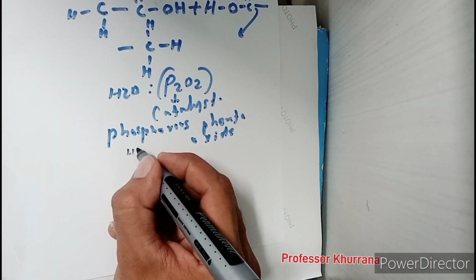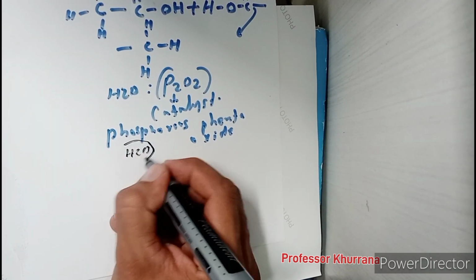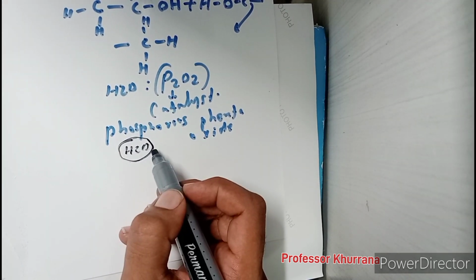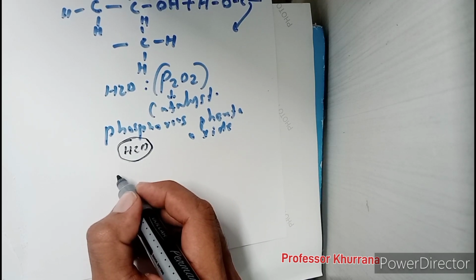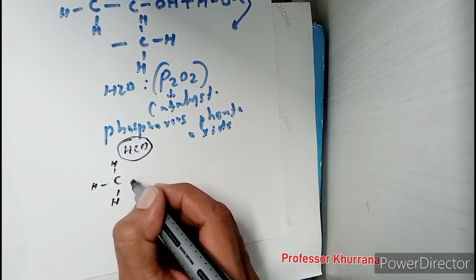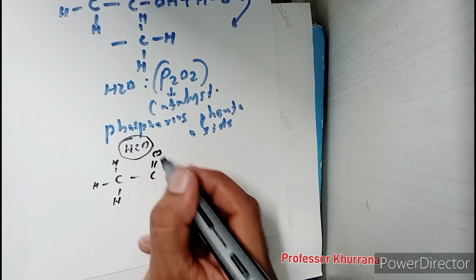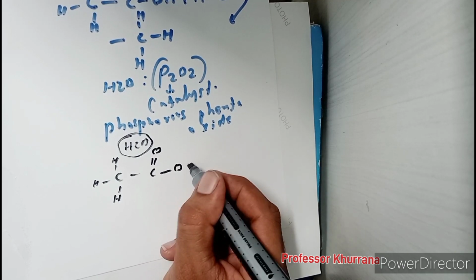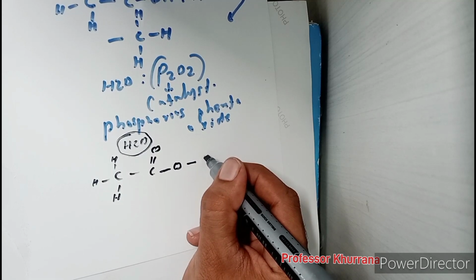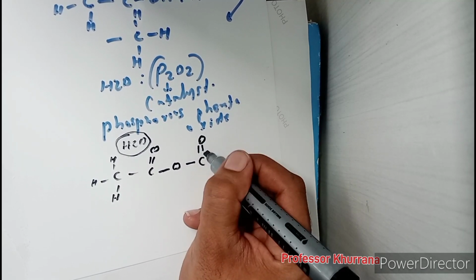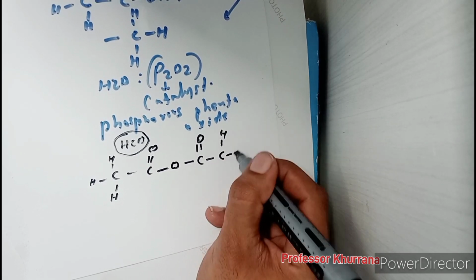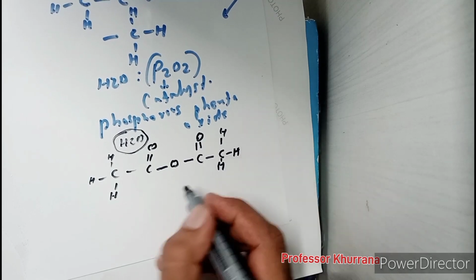Now if we remove H2O from carboxylic acid, it will give us a new structure: carbon, hydrogen attached to carbon, double bond with oxygen, and single bond with oxygen. Oxygen is attached to carbon with a double bond to oxygen and a single bond to carbon, and three hydrogens are attached to it.